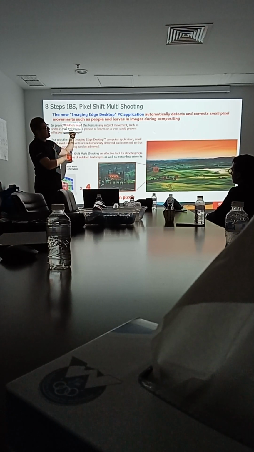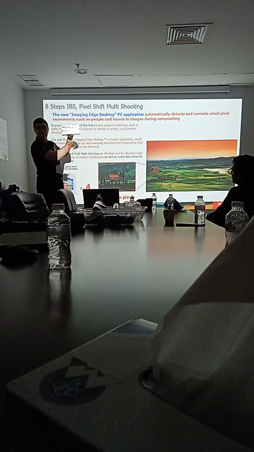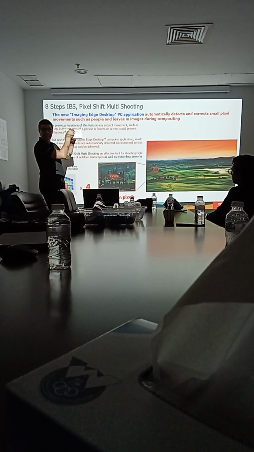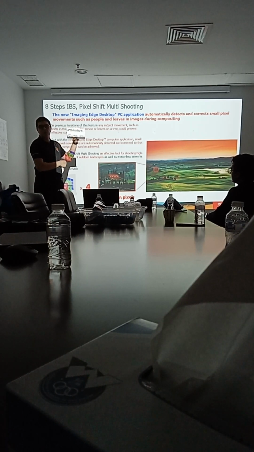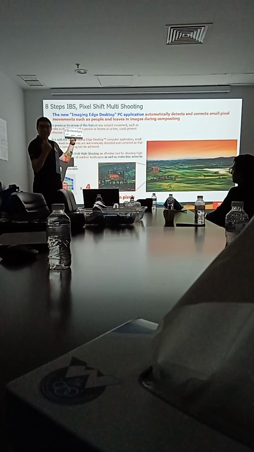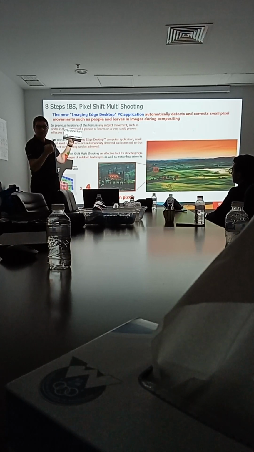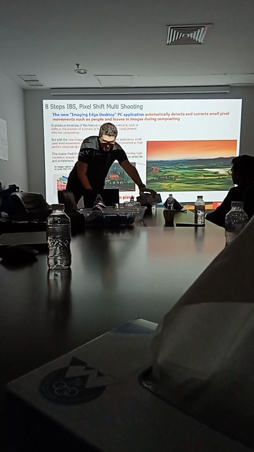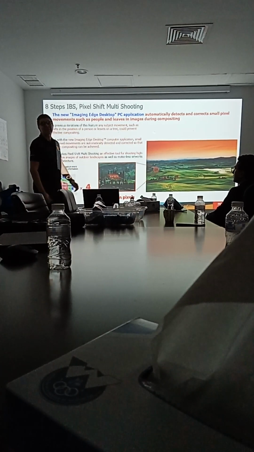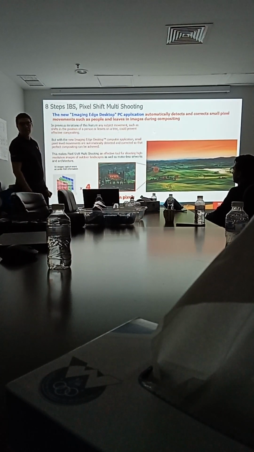The sensor will work like this: go a little bit up, a little bit down, a little bit right, a little bit left, to have a much bigger area. In that case, it's going to make the megapixel more and more, right? But if you ask it to take 16 photos, this camera is able to take 16 photos combined in one frame, and we're going to see it. Which is going to reach up to 240 megapixels.